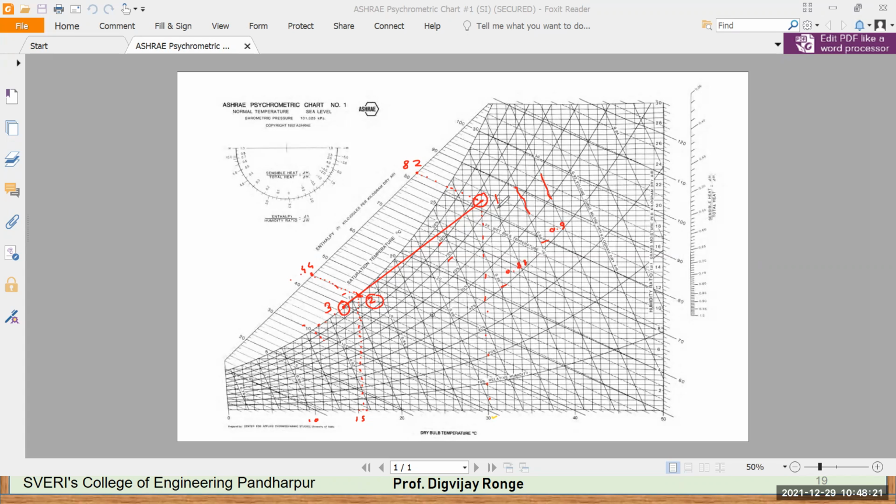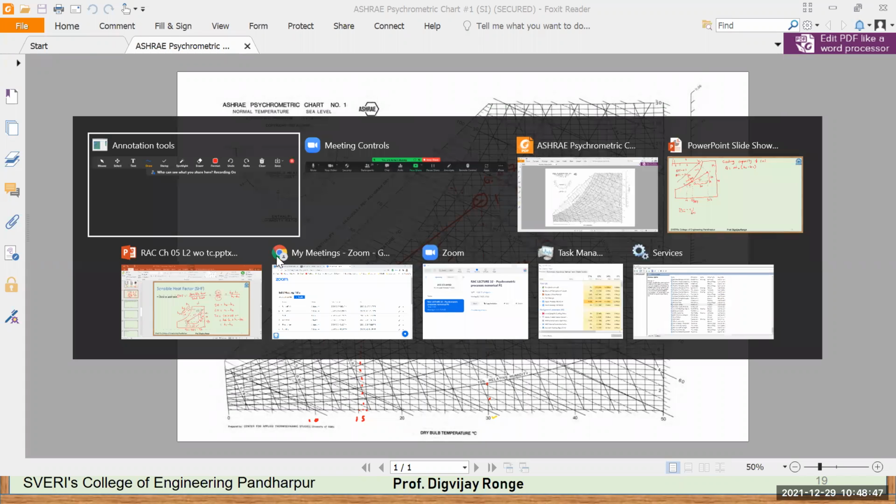So our 0.1 lies in between 0.88 and 0.89. It will be greater than 0.885, so let us say I will take this value as 0.887. That will be the specific volume at 0.1.